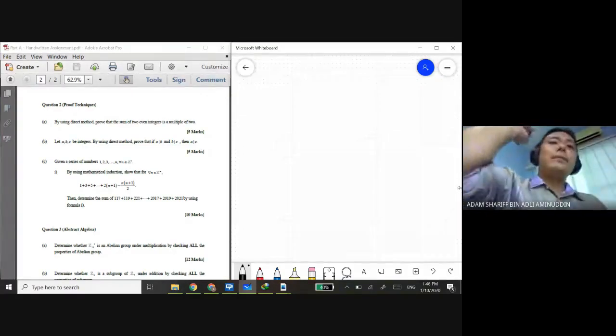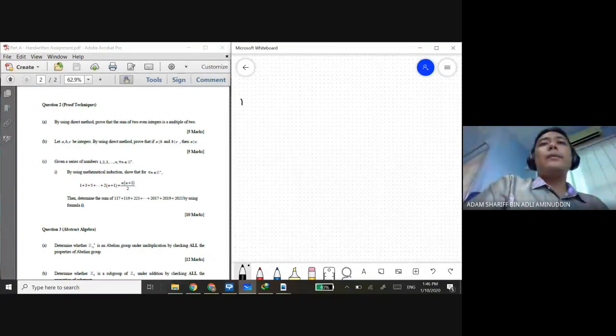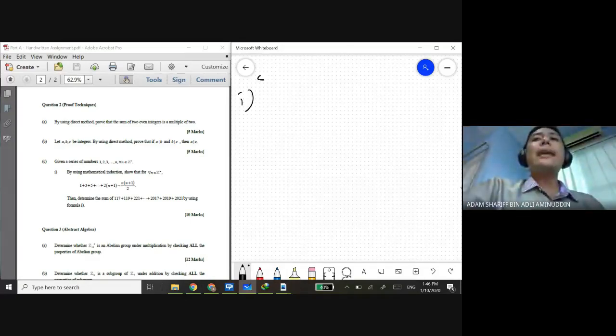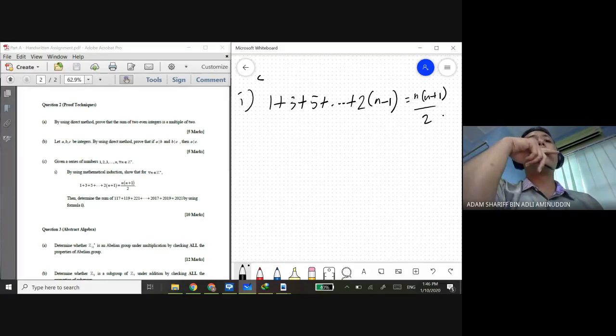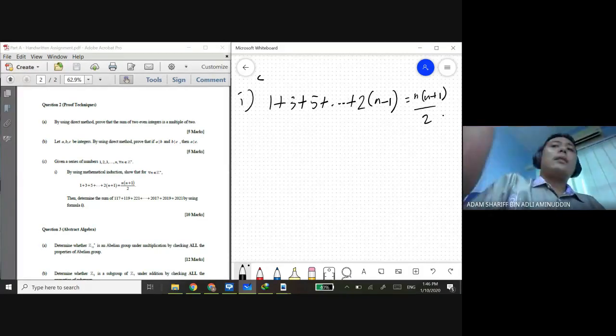Okay. By using this formula, it is established that 1 plus 3 plus 5 plus until 2n minus 1, it should be. But I gave marks because some of you were correct here. Okay.